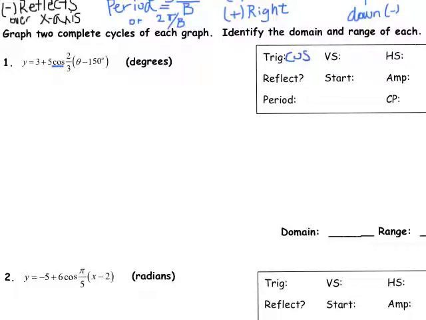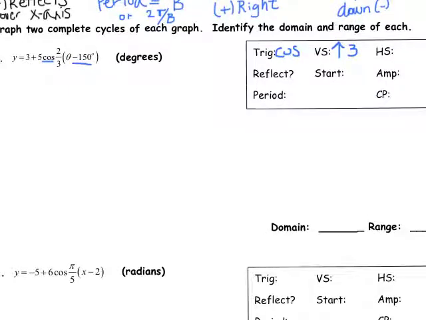This box is going to be given to you on a test, so use this box like it's just always going to be given to you like this. Alright, our vertical shift, we see this 3 right here, so that tells us we're going to go up 3. Our horizontal shift is inside the parentheses, and minus actually means that we're going to move to the right. So right 50.